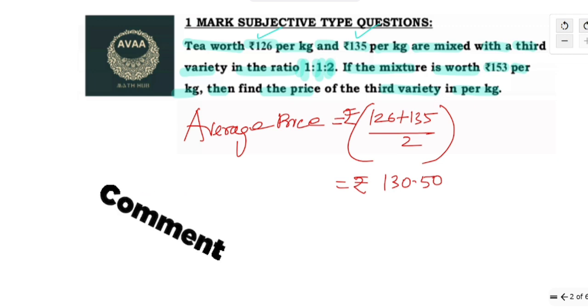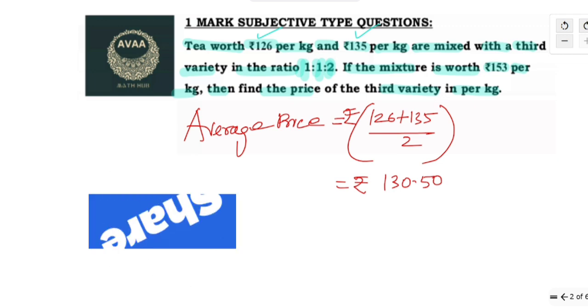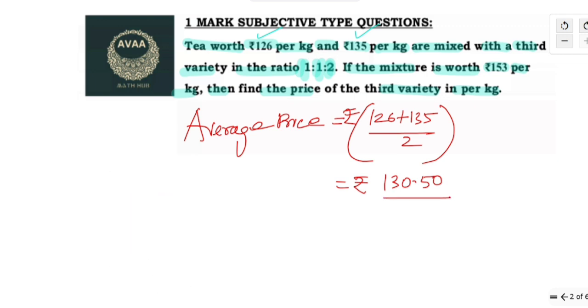So the mixture is formed by mixing two varieties: one at 130 rupees 50 paise per kg and the other at, let's say, X rupees per kg.